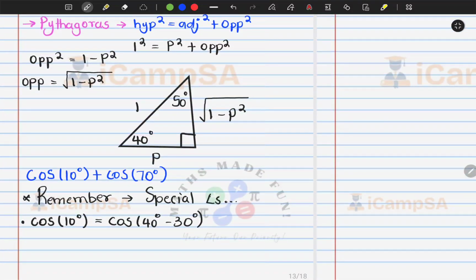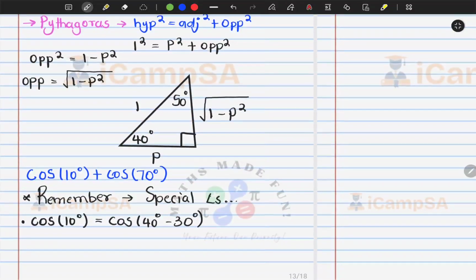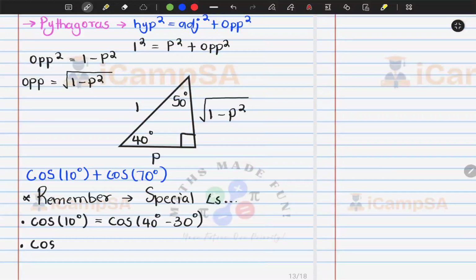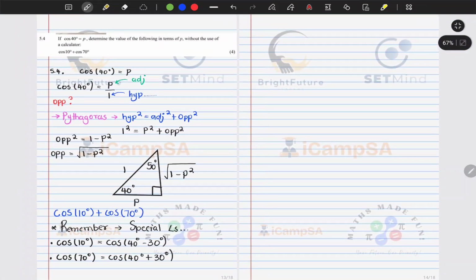Okay, and then what about cos of 70? We can do exactly the same thing. If you look at cos of 70 degrees, this is the same as cos of 40 degrees plus 30 degrees. And this we are going to take to the next page and quickly work out.